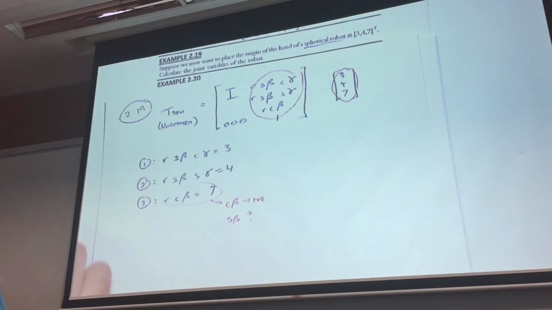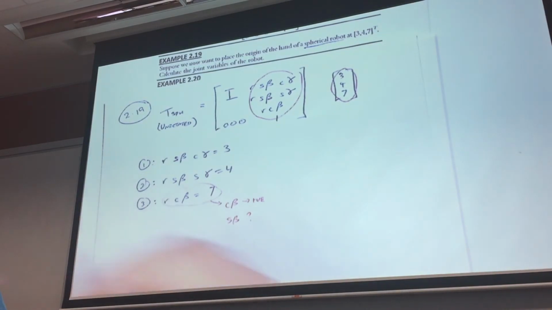Okay. So I start with 1 and 2 first. If you look at the commonality between these, you will get tangent gamma. You can cancel out these terms, but then you will get 4 over 3.